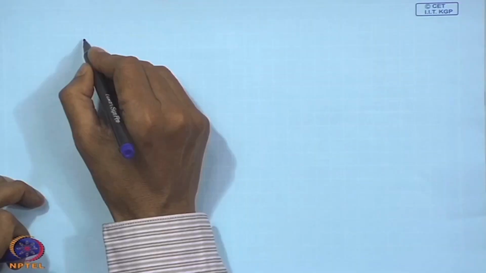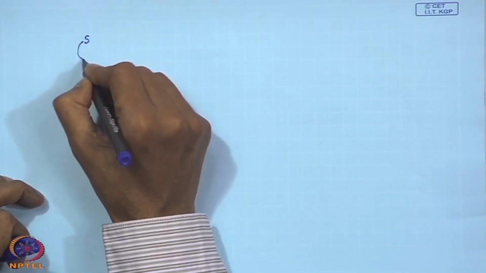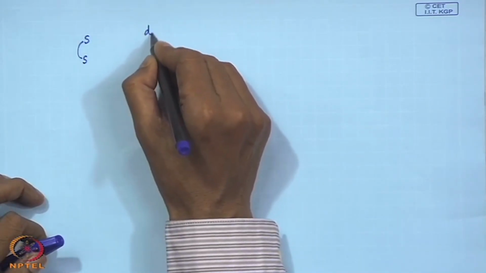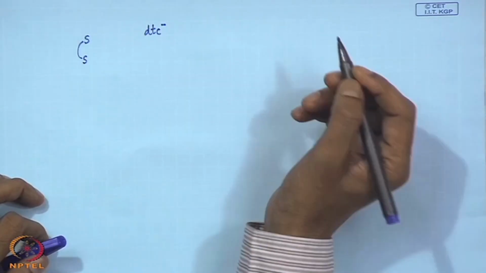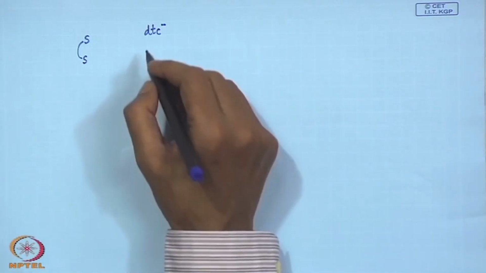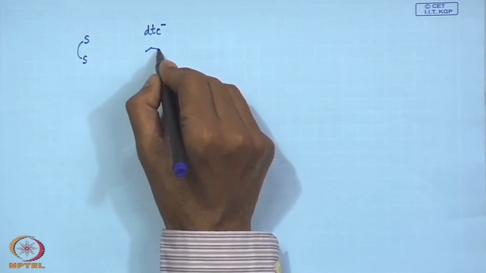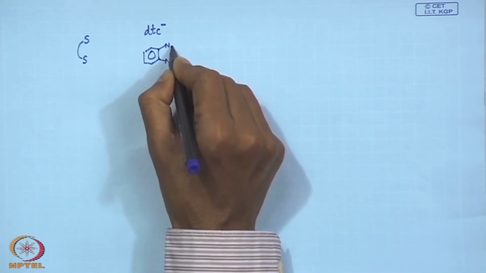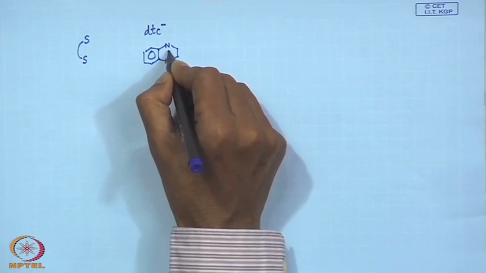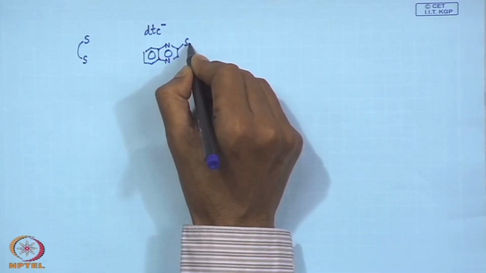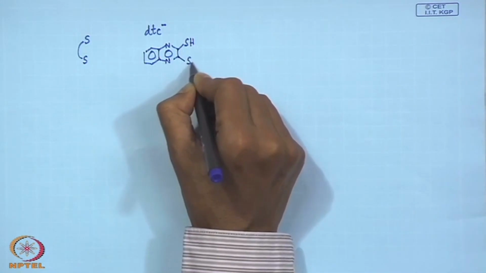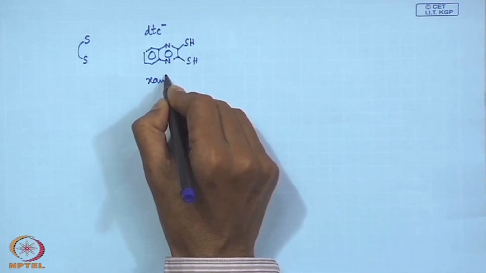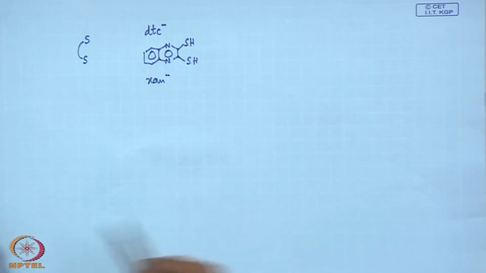If we have any sulfur bearing compound, as we have seen earlier, it can be dithiocarbamate, or it can be typically quinoxalinedithiol, which can be prepared very nicely, or it can be the xanthate type of ligand.